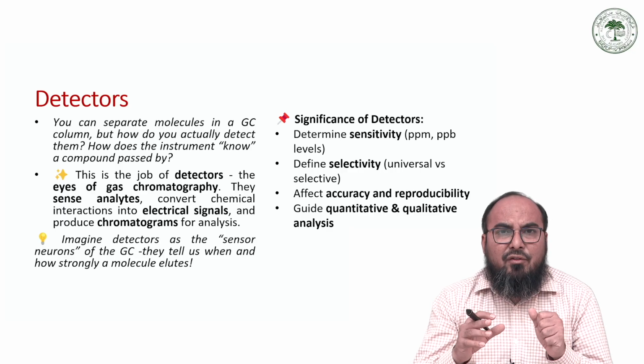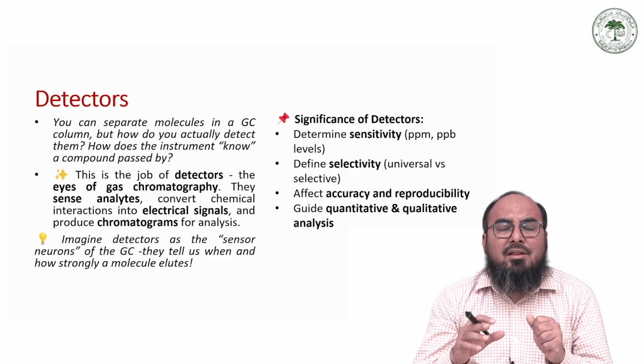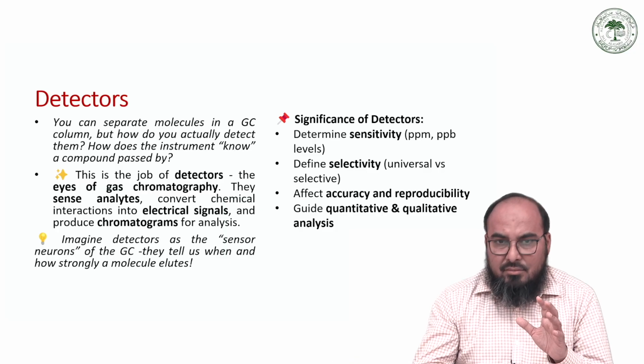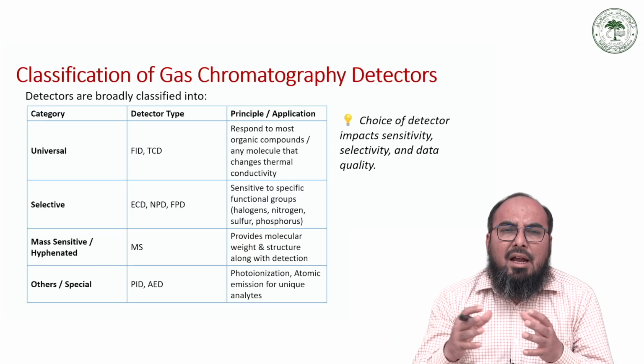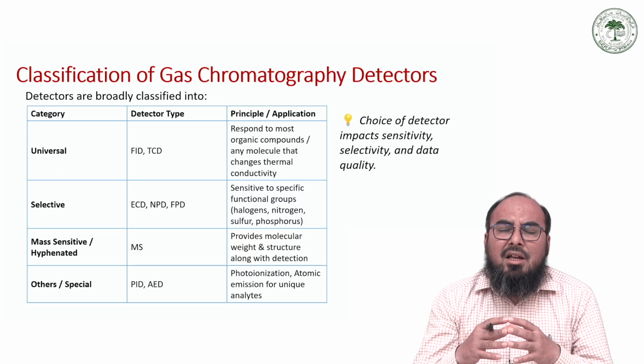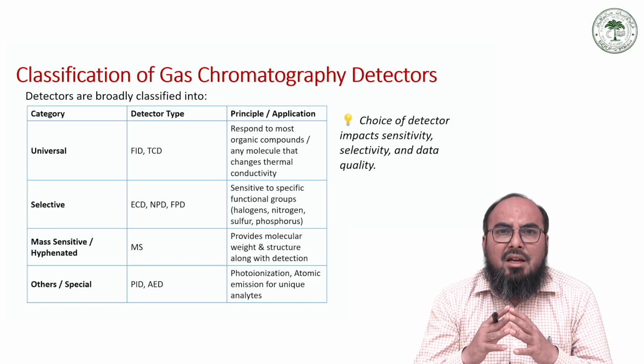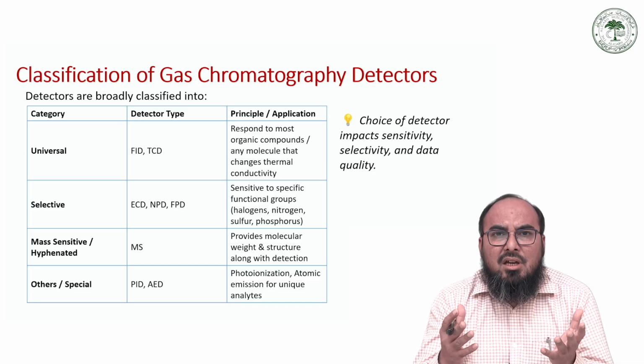So these five aspects make the detector most important after the column. There are a number of detectors, and each detector has its certain advantages and its certain limitations.